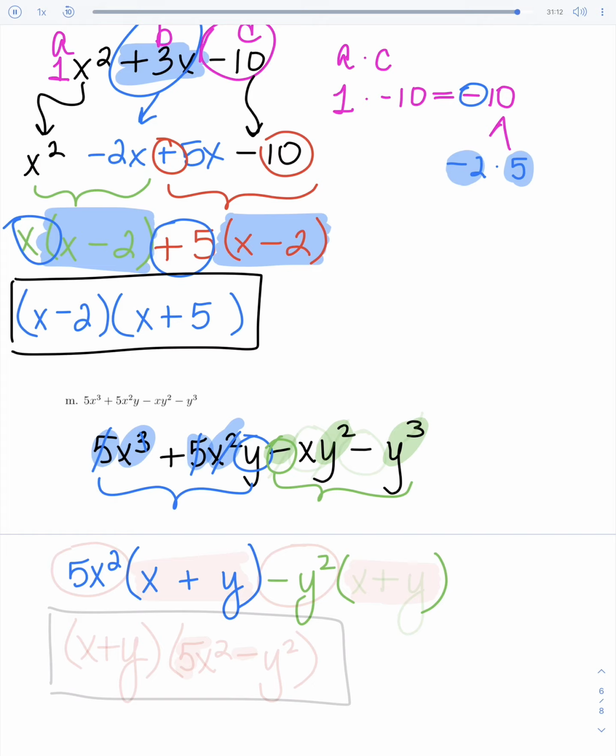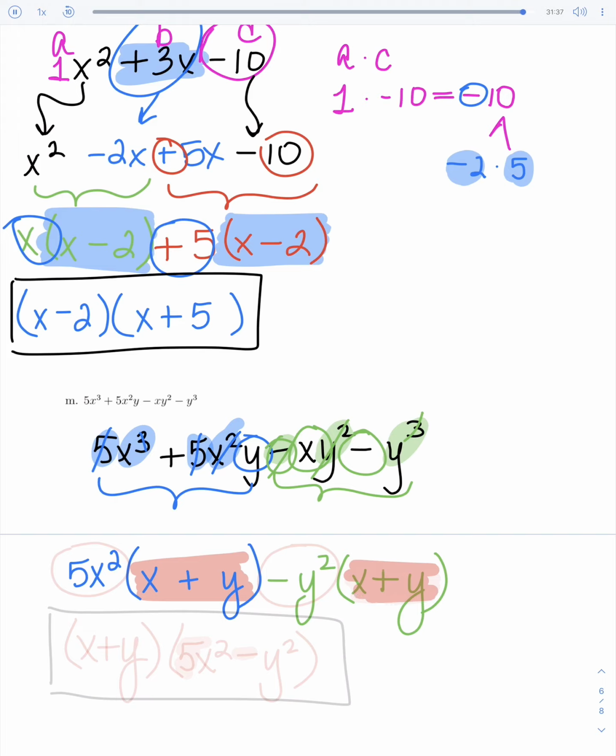On the first piece, pulling out the negative sign and the y squared just leaves me with the x. Pulling out the negative sign means that on the last piece, the negative will turn into a positive. Pulling out 2 of the y's, though, will still mean I've got 1 left over. But what we should notice then is that I do have a matching x plus y.